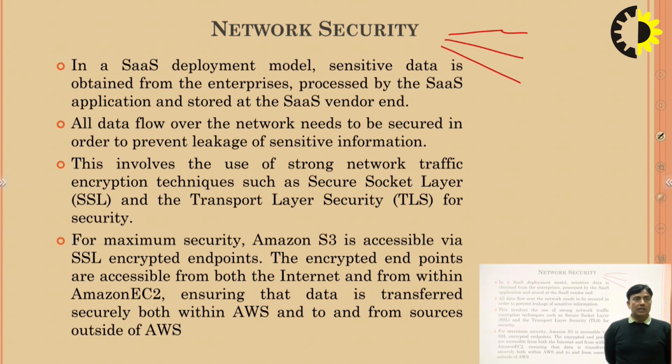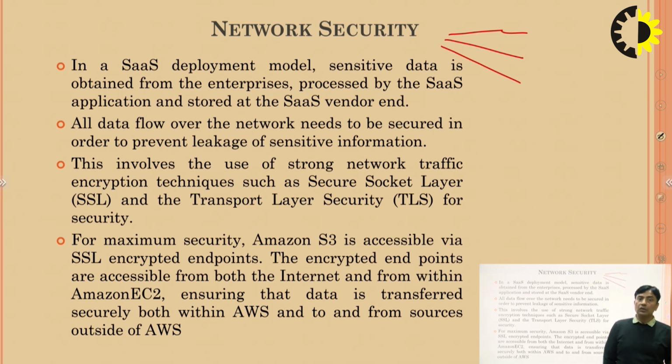Okay. In the SaaS deployment model, sensitive data is obtained from the enterprises, as we know, and that is processed by the SaaS applications and stored at the SaaS vendor end. So all data flow over the network needs to be secure in order to prevent leakage of sensitive information.